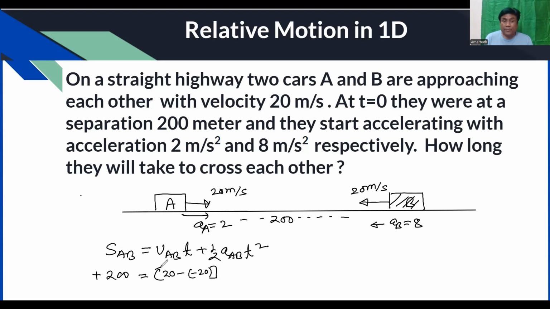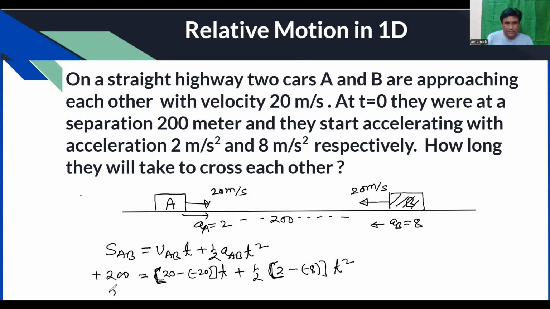Remember, that part is very important. 20 minus minus 20, into T, plus half. Acceleration of A is 2, minus acceleration of B, because acceleration is also a vector, T square.